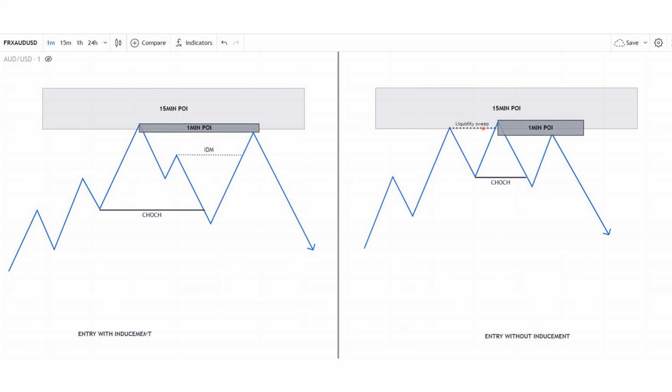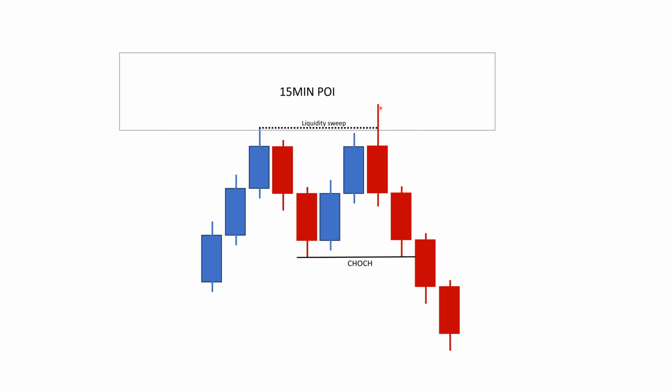By liquidity sweep, this is what I mean: a candle has to sweep the previous structure high under the 1 minute time frame. This is its previous high, and the candle just swept this high and then closed within.